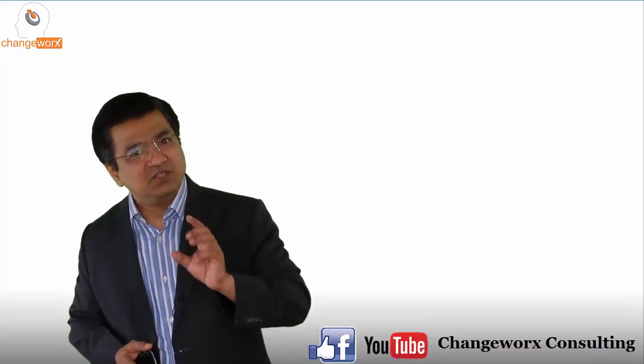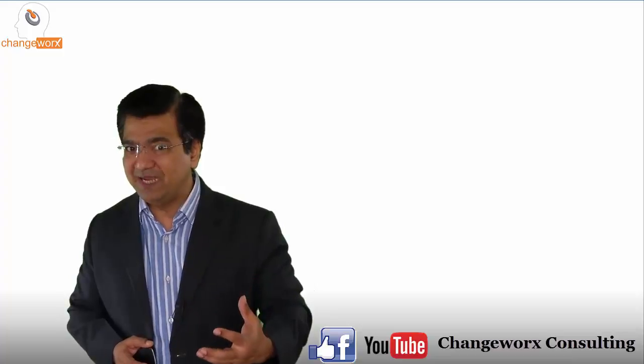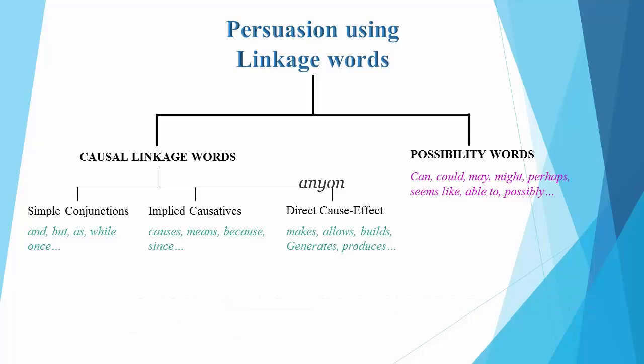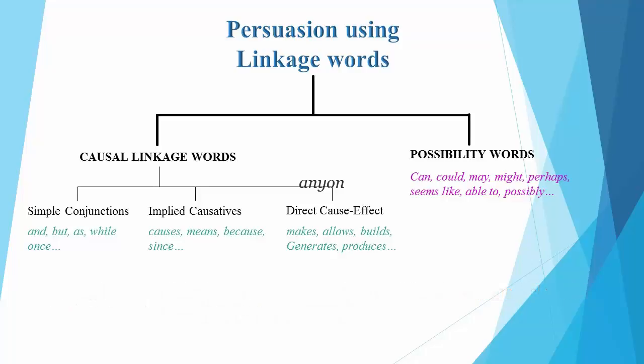You see, words of possibilities are best to be used when applied to the listener because you want to create that possibility in their mind. Yes, reading a new book could make you notice how you are becoming open to changes and trying new stuff, right? Sitting here and listening to this conversation could make anyone feel really curious about what changes might happen.